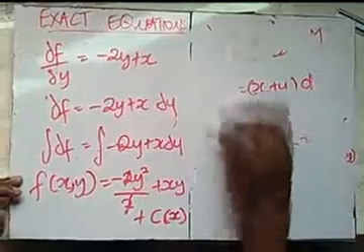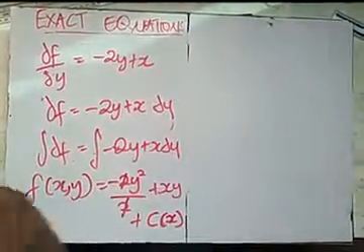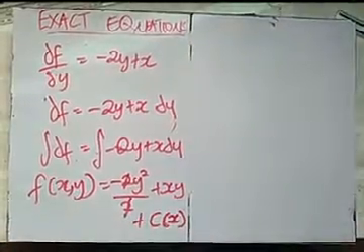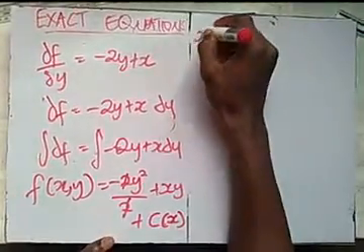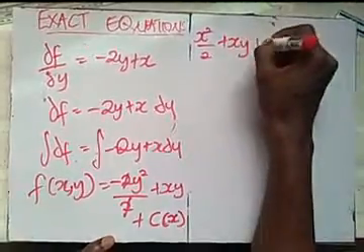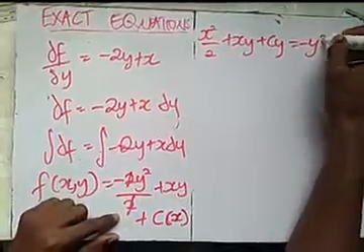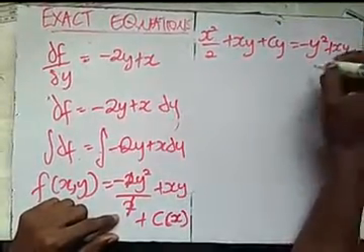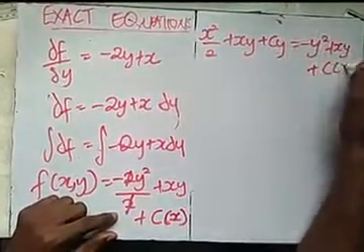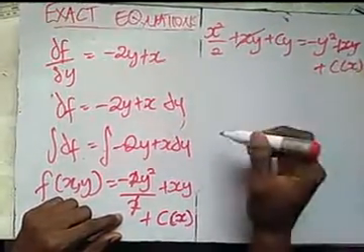So we compare the two results for M and N. So we have x squared over 2 plus xy plus c(y) equals minus y squared plus xy plus c(x). So these two can cancel out.